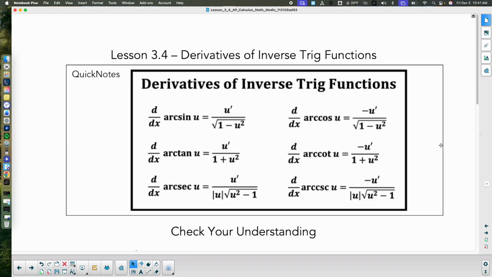Did it have times u prime at the end? Yeah. Okay, so they're the same formula. If it has a 1 on the top but a u prime multiplied at the very end, it'll be equivalent. This one is just basically all in one fraction.